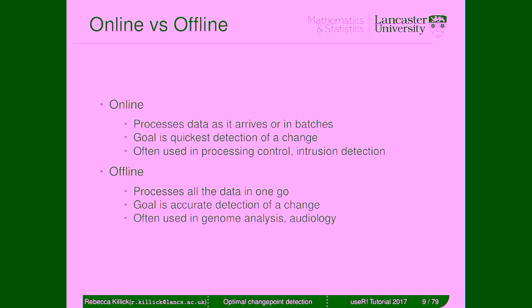and that's the difference between online change point detection and offline change point detection. So in online change point detection, this was really the motivation for the field existing in the first place. And basically, you can think of that like the process control example. So you make something new, you get data on what that is. You then want to say, well, based on that data, has my process gone out of control or not?